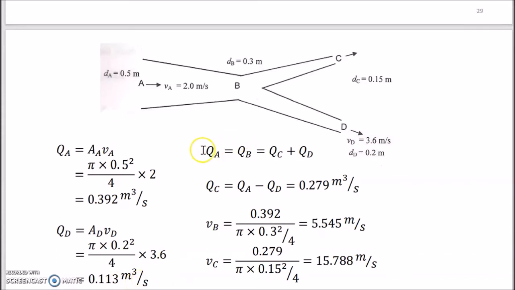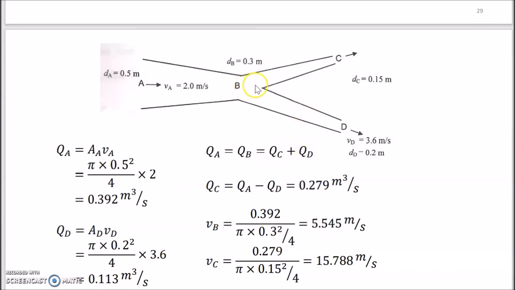By having this equation, QA, flowing in at section A, equals QB flowing at section B, which equals QC plus QD.